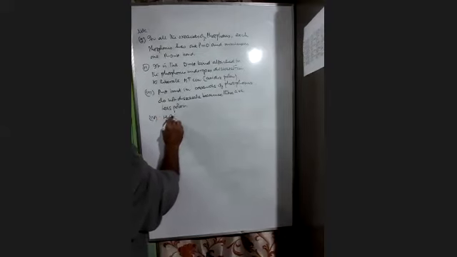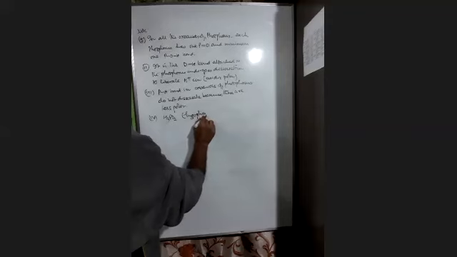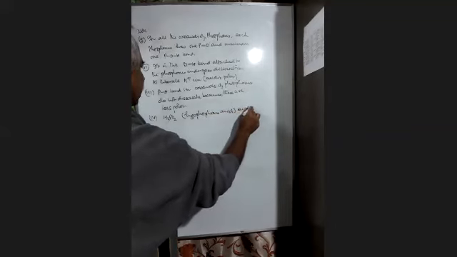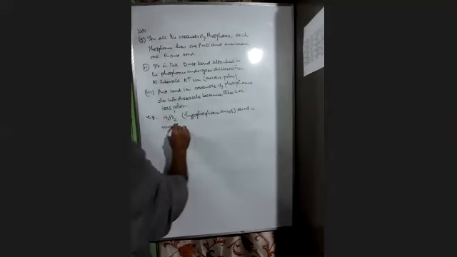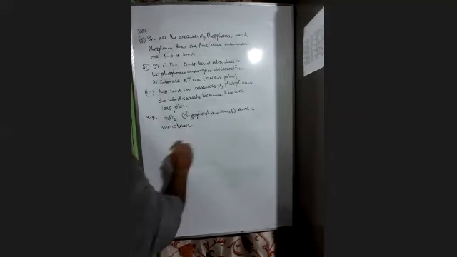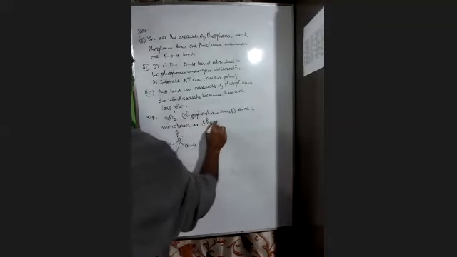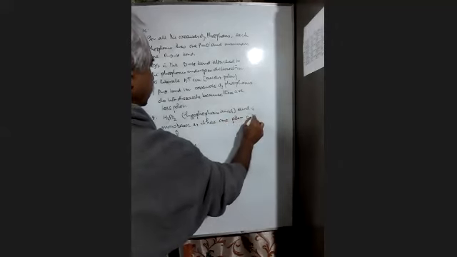Now, let us know. See here. H3PO2, hypophosphorous acid, is monobasic. Yes, it has one polar OH bond.